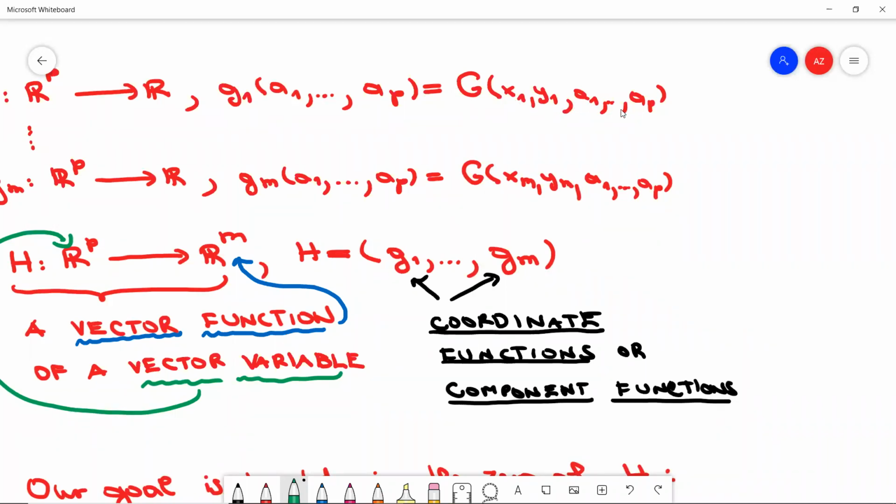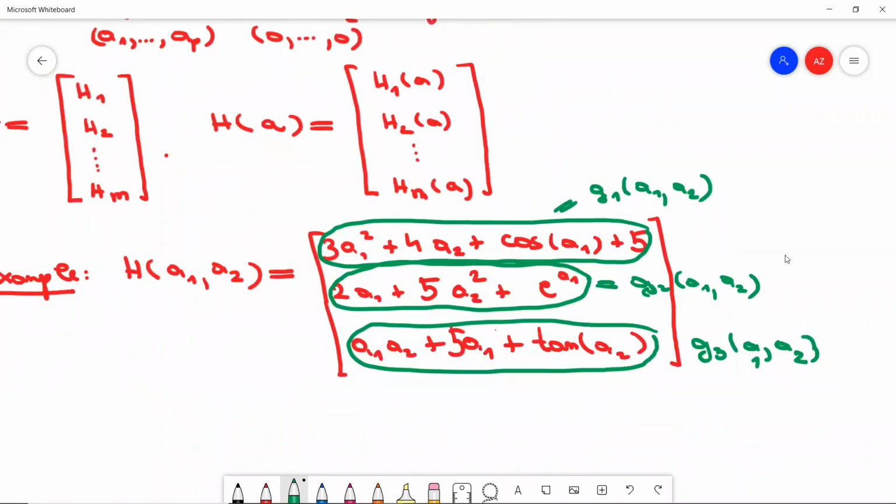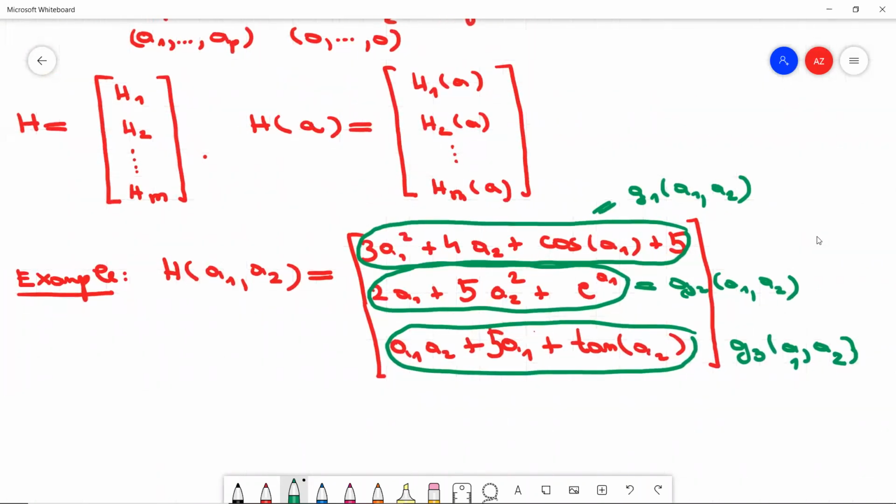But since x1 and y1 are known, they are real numbers. And when we plug them in, the only unknowns which will remain are those a's. So in fact, if this example would really come from some model, then those x's would be hidden in those coefficients 3, 4, and so on.